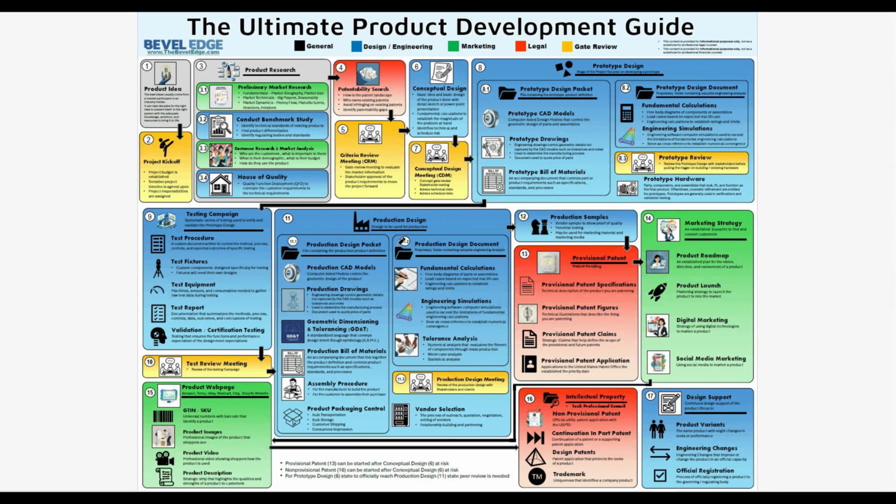So product design package and product design documents, finding vendors and getting some samples, starting the provisional patent for you, putting together an actual marketing strategy on how to launch your product, and then some of the requirements your websites need to have. These are kind of listed out here.